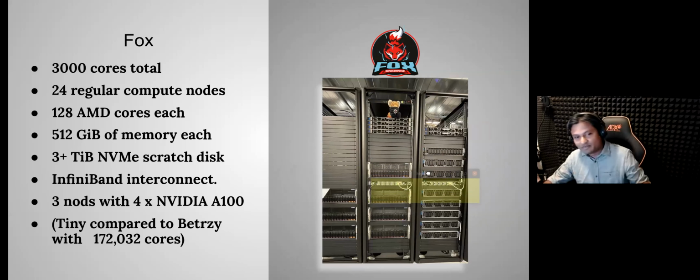These are like pizza boxes: no screens, no keyboards. You have to connect to them over a network. They are based on AMD and have a lot of memory, very fast disk drives, and a very efficient interconnect between them. We also have 3 nodes with about 12 NVIDIA A100 GPUs.